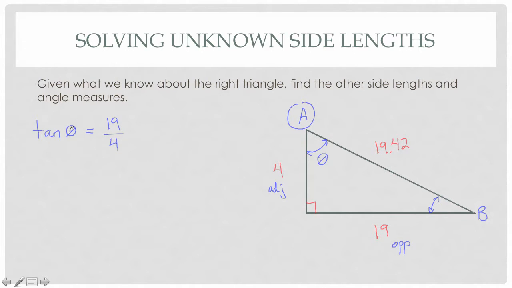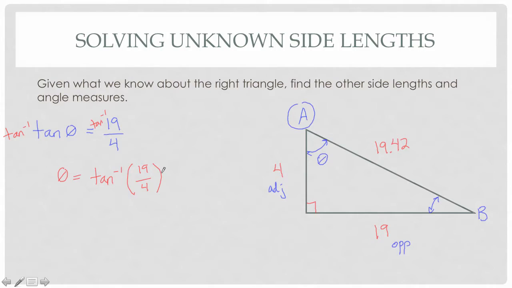So we can work backwards now to find this angle. If I want to undo tangent to get the angle by itself, I'm going to take the inverse tangent of both sides. So my angle measure equals the inverse tangent of whatever 19 divided by 4 is.